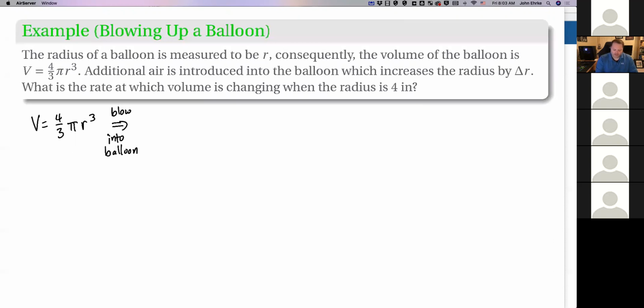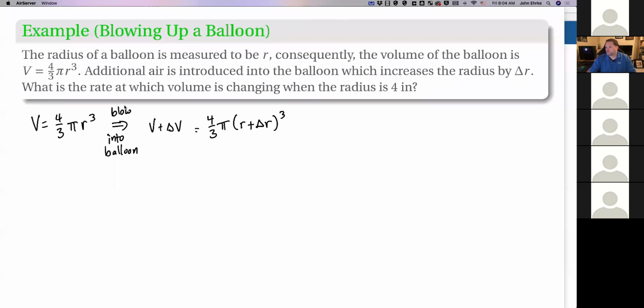Well, I know that I'm going to change the radius of the balloon by a little bit. So I'm going to change the r to r plus delta r, because I've changed the radius a little bit. I also know that a change in the radius is going to equate to a small change in the volume. So I'm going to add on a delta V to represent that change.